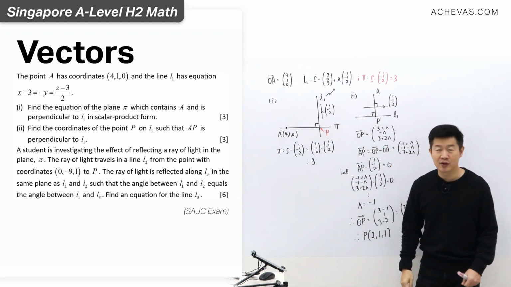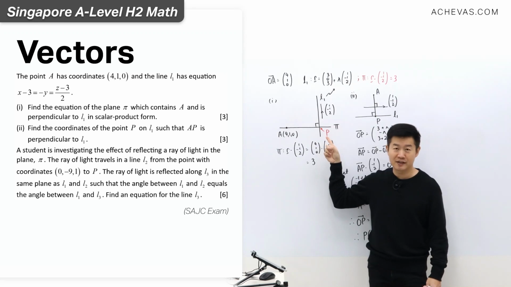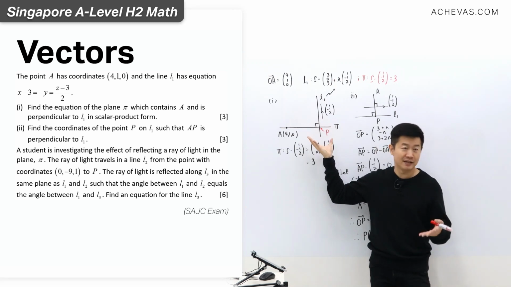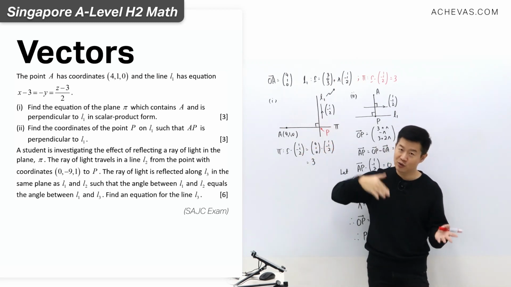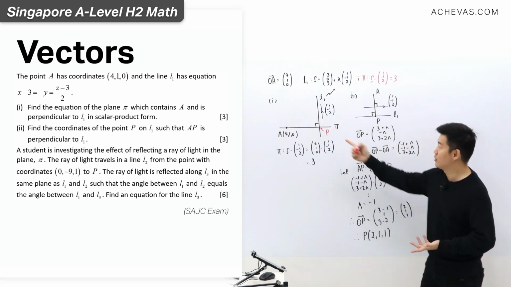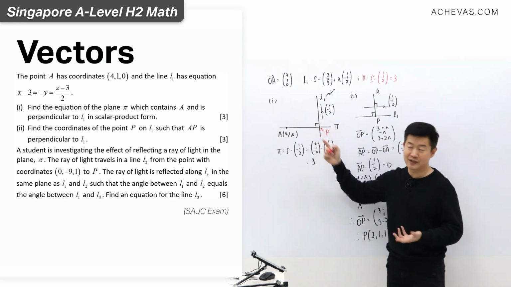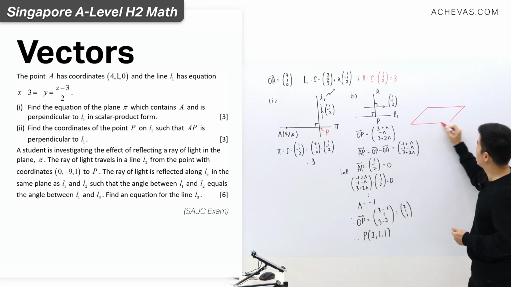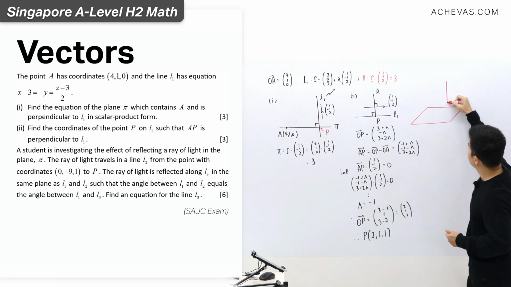Just in case you are not able to see why this is point P, when we draw a diagram, we should try to draw 2D as much as possible because it's easier. But if 2D doesn't work, let's try to go for 3D. So let's try to do a quick sketch of this in 3D. If, let's say, I have a plane pi here, and according to the first part, we know that plane pi is going to be perpendicular to L1.